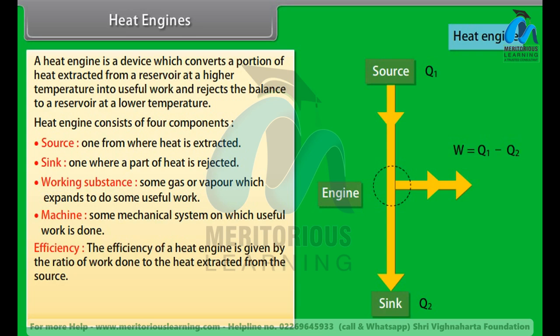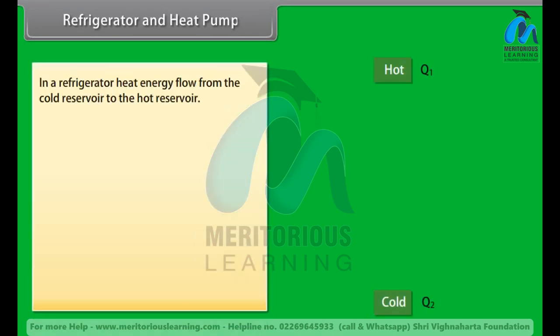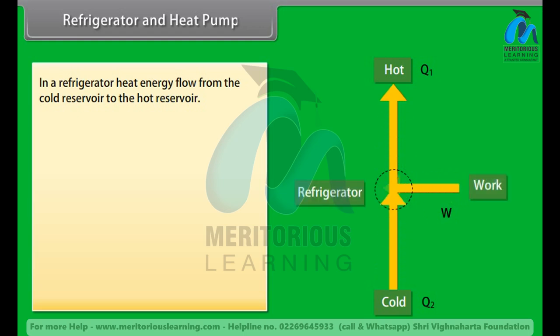Efficiency. The efficiency of a heat engine is given by the ratio of work done to the heat extracted from the source. Efficiency = 1 - Q2/Q1. Refrigerator and heat pump. In a refrigerator, heat energy flows from the cold reservoir to the hot reservoir.